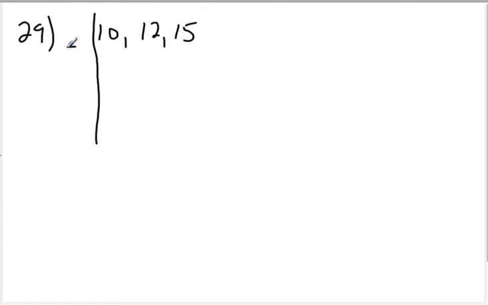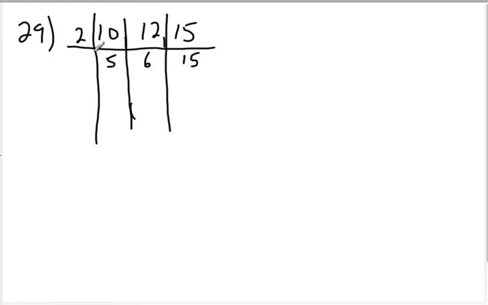Let's try number 29. LCM of 3 numbers this time. So we have 10, 12, and 15. Alright, we'll start off with 2 as usual. 5, 6, 15. We'll do 2 again. So we get 5, 3, and 15.